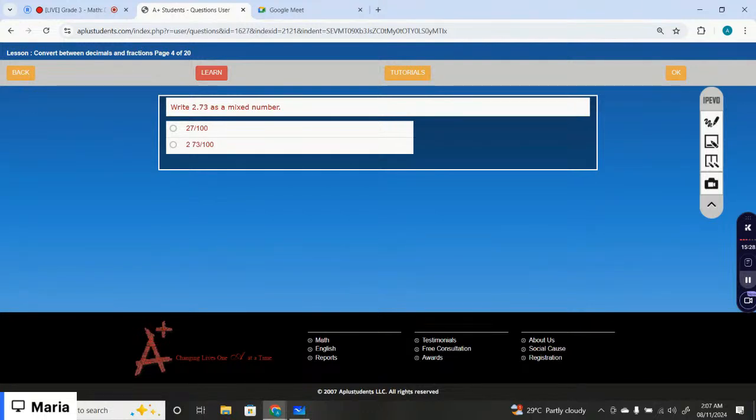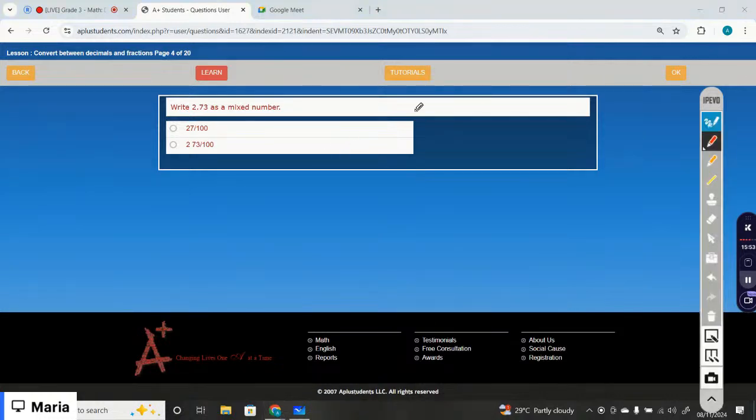Write 2.73 as a mixed number. That's the one we did in the tutorial. Do you remember what the answer is? After the decimal point you have 0.73, right?